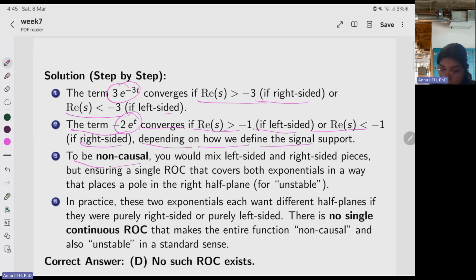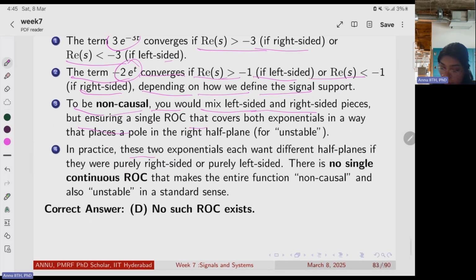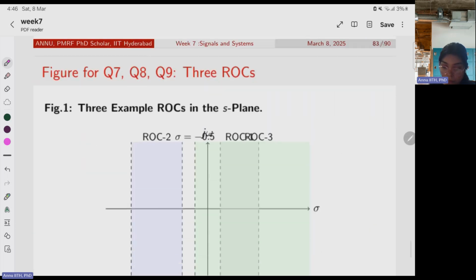To be non-causal, you would mix left-sided and right-sided bases. In practice, these two exponentials each want different half-planes. If they are purely right-sided or purely left-sided, there is no single ROC that makes the entire function non-causal and non-stable in the standard case. So no such ROC exists.